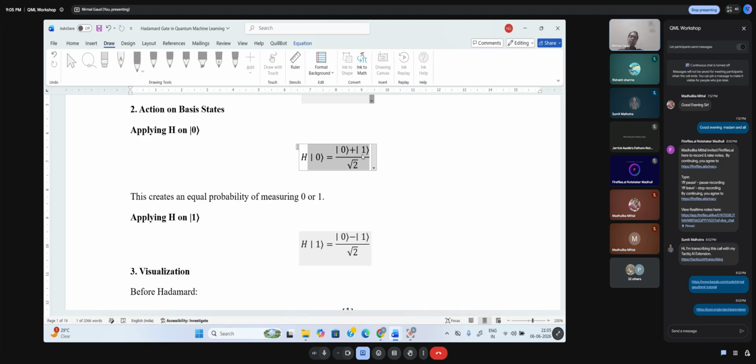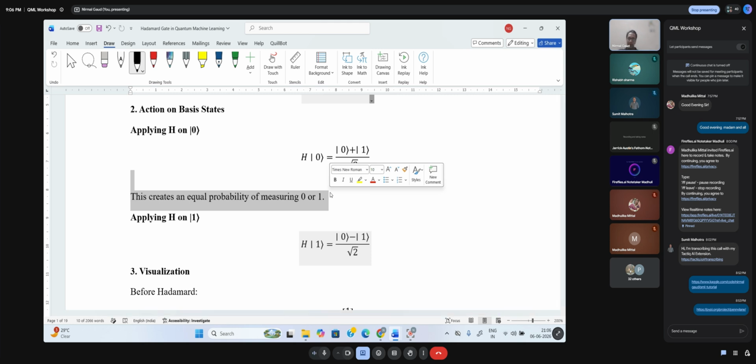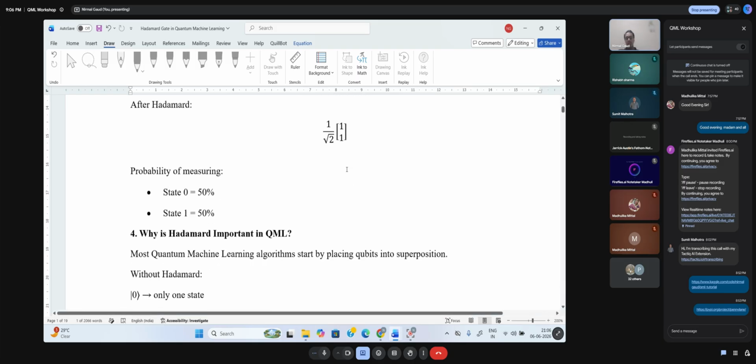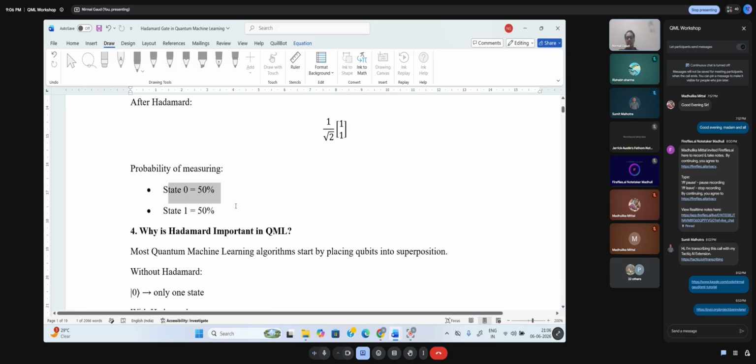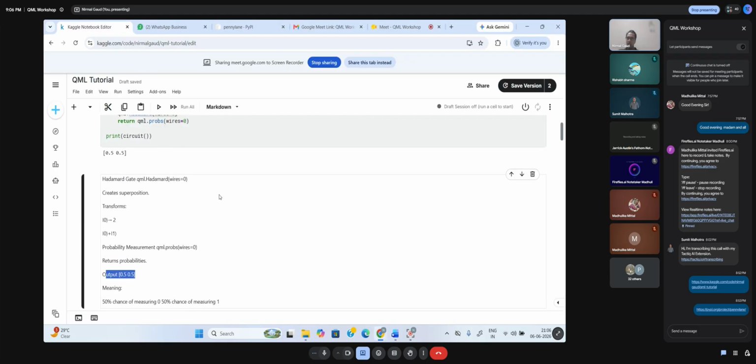If I apply Hadamard to 0, I get 0 plus 1 by square root of 2. That means this creates equal probability for both 0 and 1. Alright, got it. So if 0 is 1 and 0, passing it into Hadamard creates 1 by root 2, 1, 1, where there is a 50% chance of the 0 state and 50% for the 1 state. That's what is mentioned here in my notebook also.